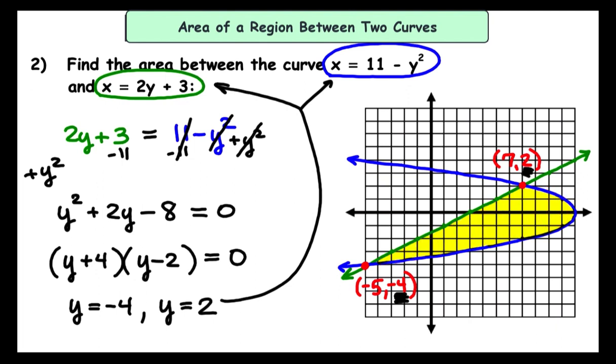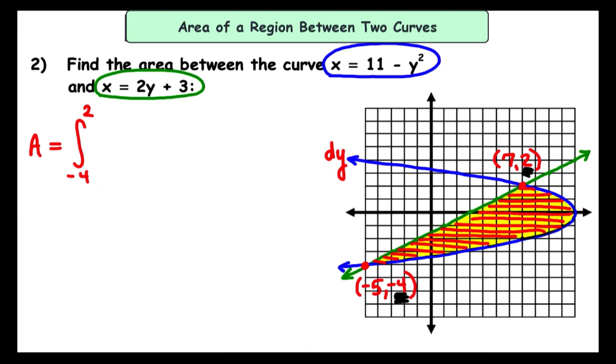We start at the bottom, and we go right minus left. Right minus left. Blue minus green. And that goes all the way from y equals -4 up to y equals 2, blue minus green, right minus left, until they meet. That'll give us the proper area of that yellow shaded region.